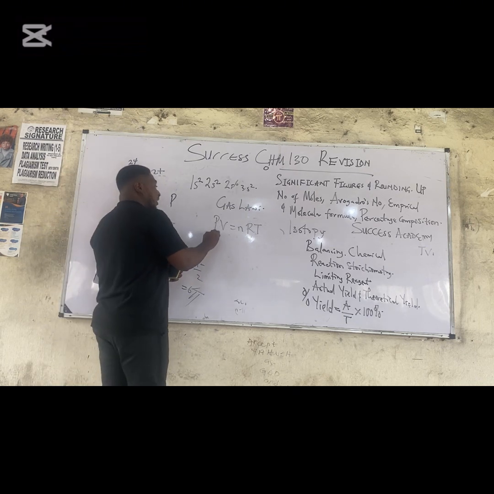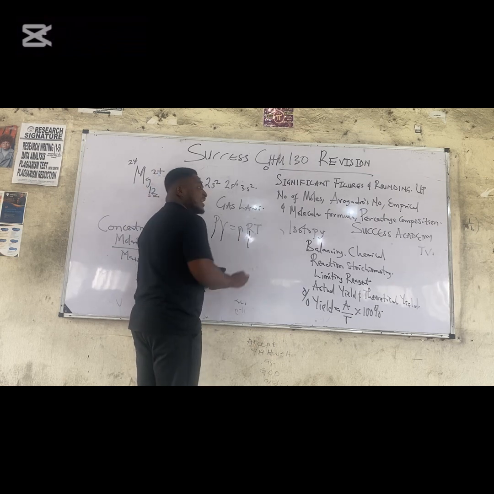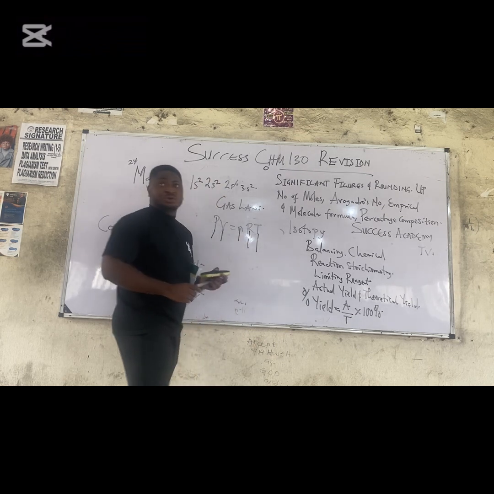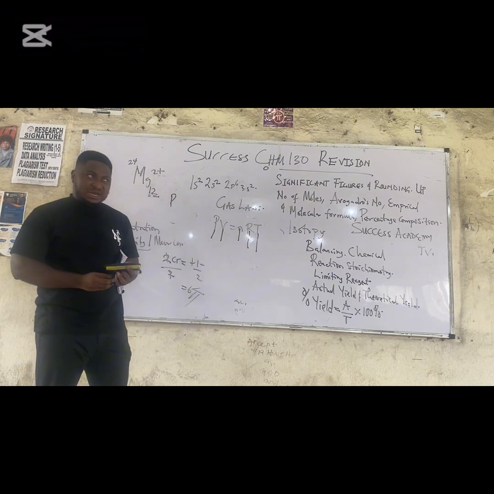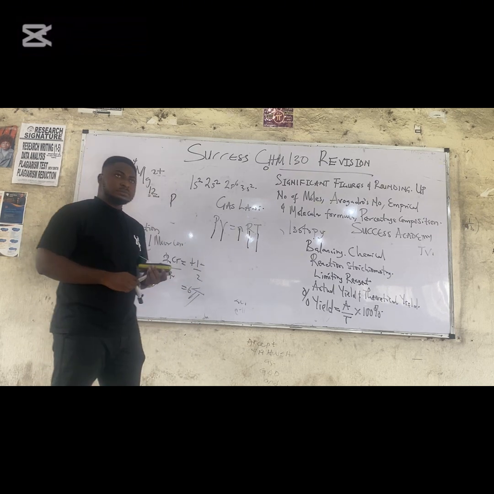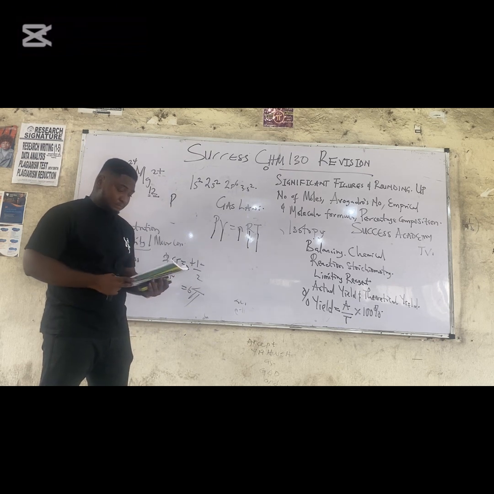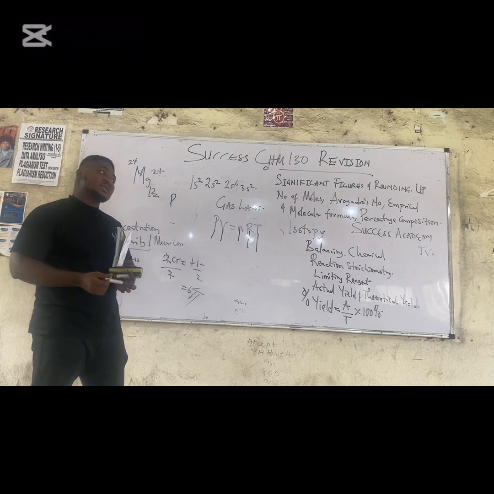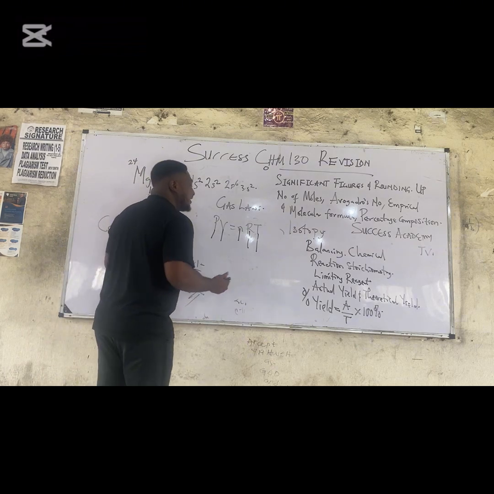Where P represents pressure, V represents volume, n represents number of moles, R represents gas constant, T represents temperature. The ideal gas equation.